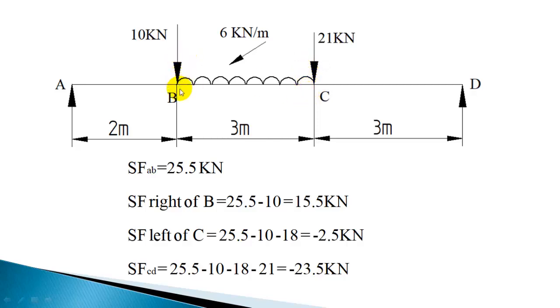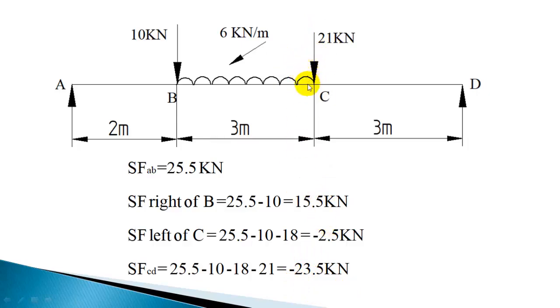So right of B is 15.5, left of C is minus 2.5, so the shear force is linearly varying in the section BC. Now for the section CD, it's going to be constant. Anywhere you take a section, sum of the forces: 25.5 minus 10 minus 18 minus 21, and that will give minus 23.5.